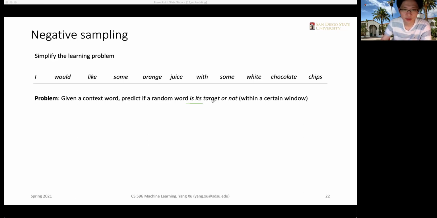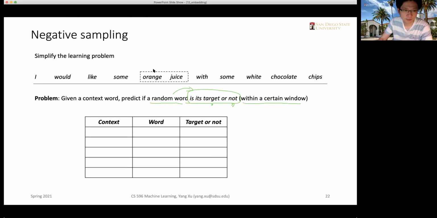It is not an exact prediction, but we choose some random word and let it become a binary prediction. We will predict whether a random word is a target word or not a target word, right? Of course, this is within a certain window. Okay, so that is the problem we will construct.